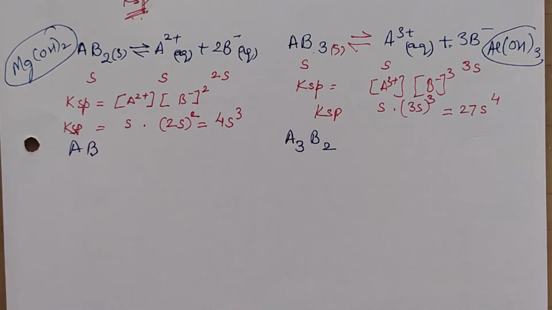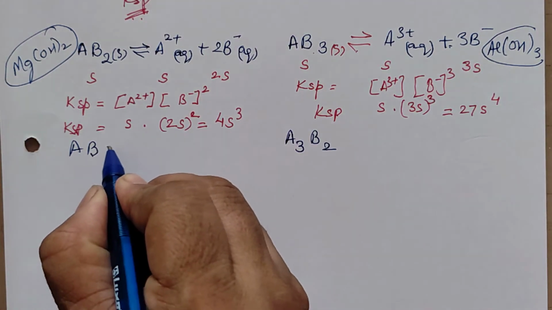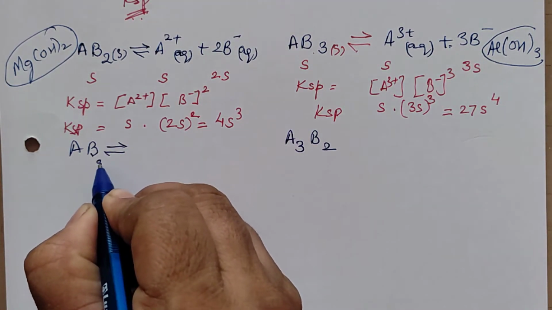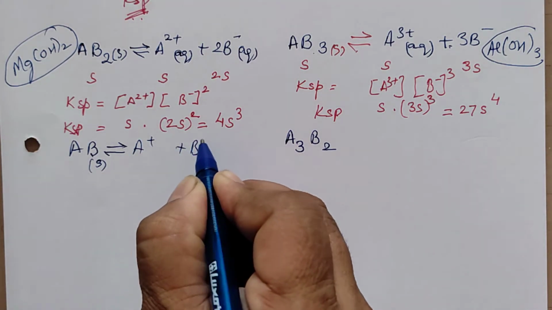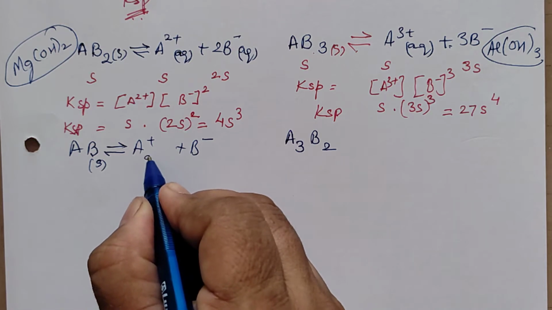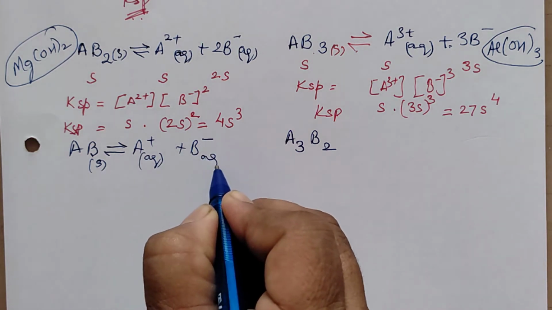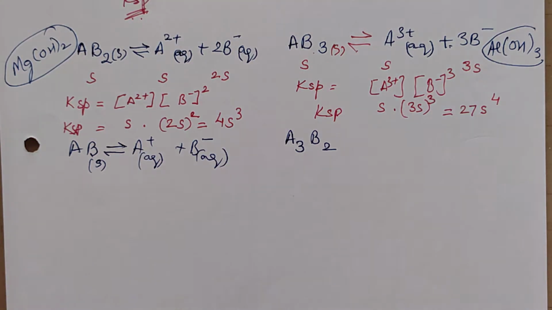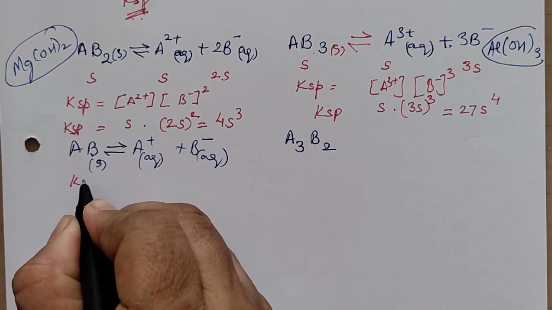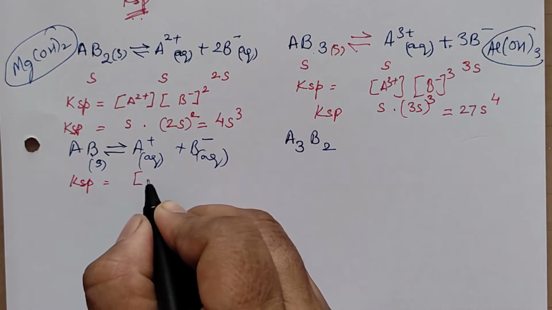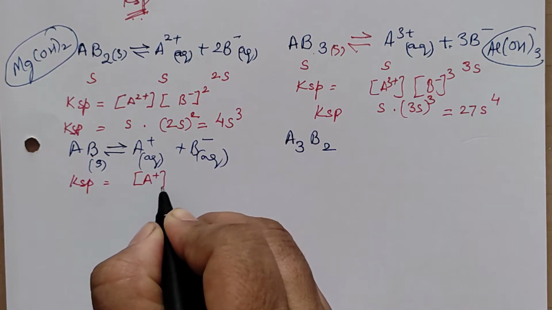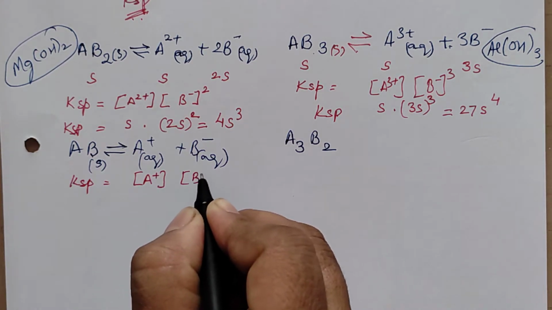Now let us also mention the AB type. AB will first dissociate and result in the formation of A+ and B-, both aqueous. Let us apply the law of mass action. KSP is equal to the concentration of A+ times the concentration of B-.